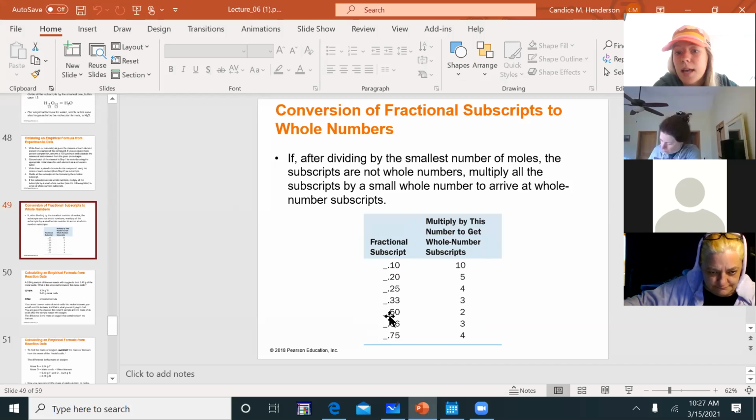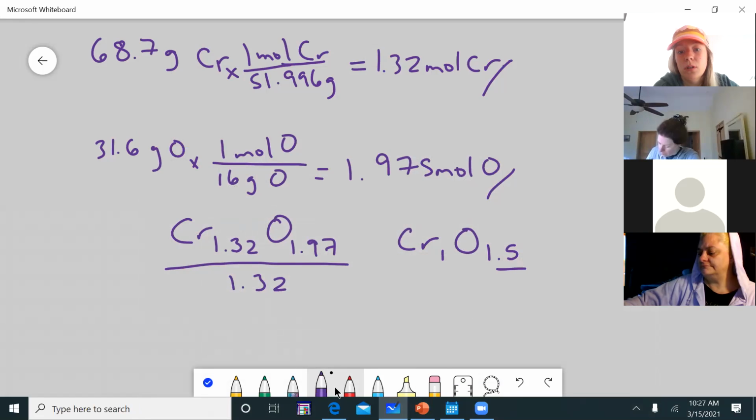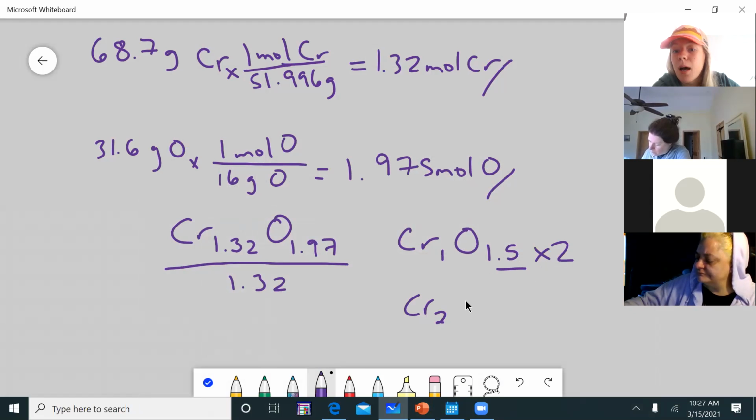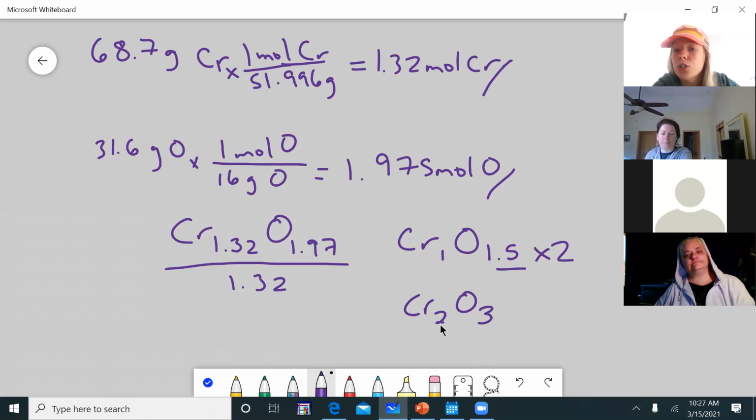So if one of them still has a 0.5 left over, multiply it by 2. And you have to multiply everything by 2. So I'm going to multiply all my subscripts here by a factor of 2. What does that do to chromium? Chromium now becomes 2. What does oxygen become? Oxygen will become 3. So Cr2O3.